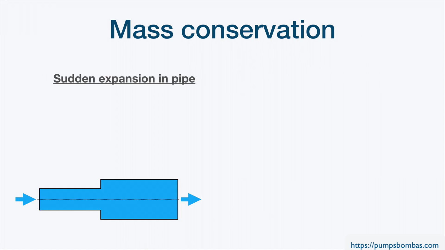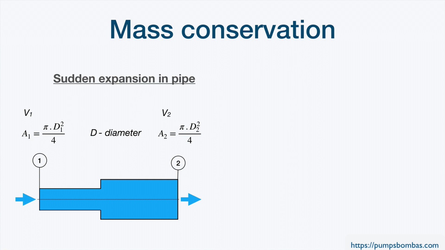let's define a control volume between cross-section areas 1 and 2. Here you have formulas to determine the area based on diameter, and we have in every one of these sections a velocity V1, or the corresponding velocity 2 for section 2. Let's remember, and I insist, we will use this forever.